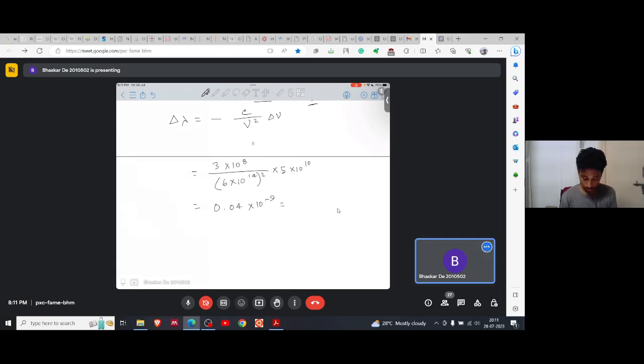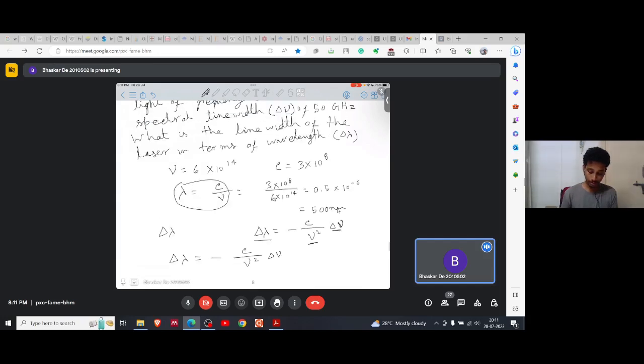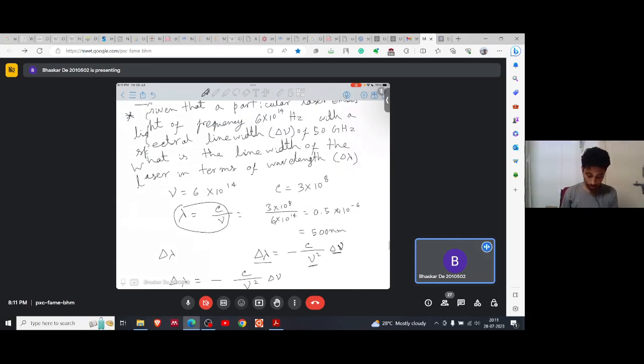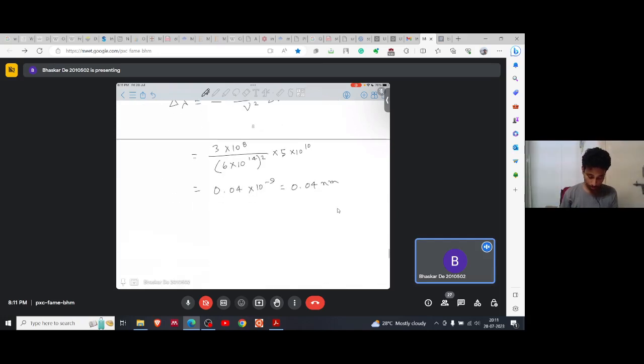So this is 0.04 nanometer, the line width in terms of wavelength. This is the line shape: here we have the 500 nanometer peak, and then the width is just 0.04 nanometer.